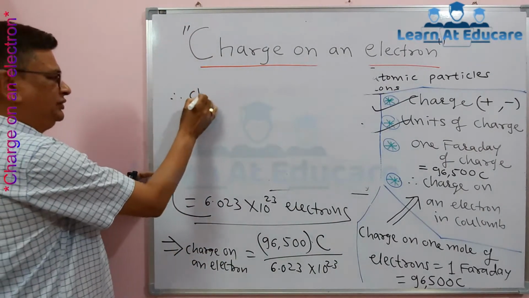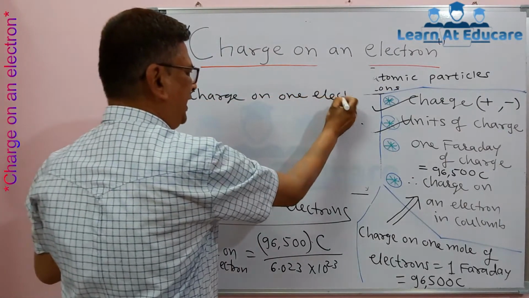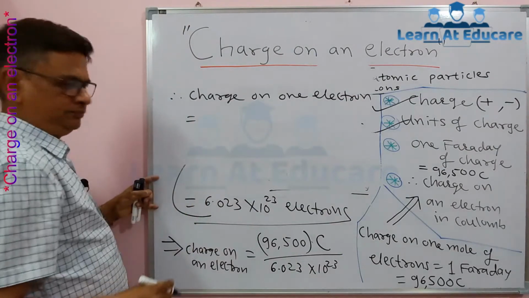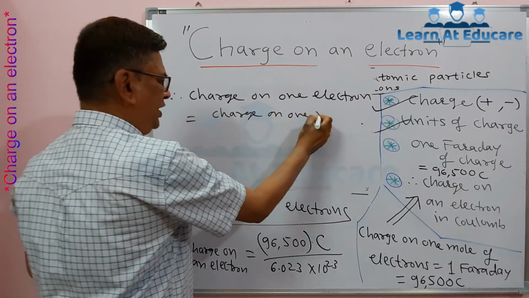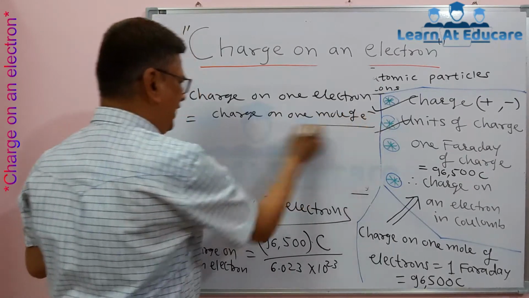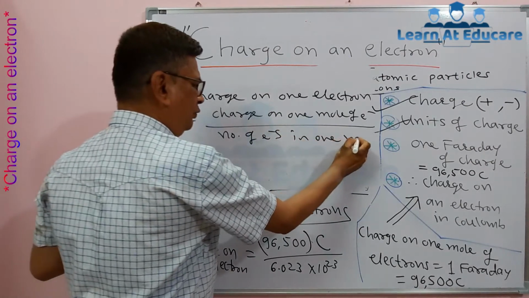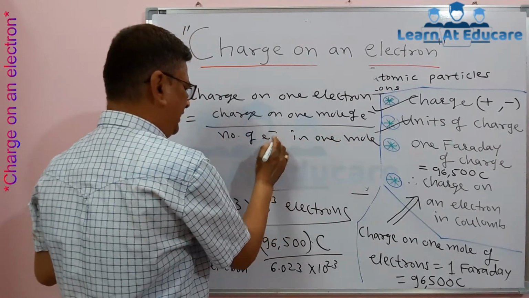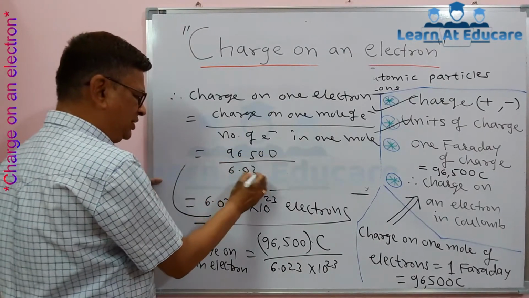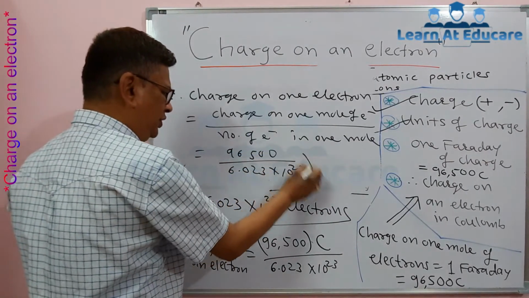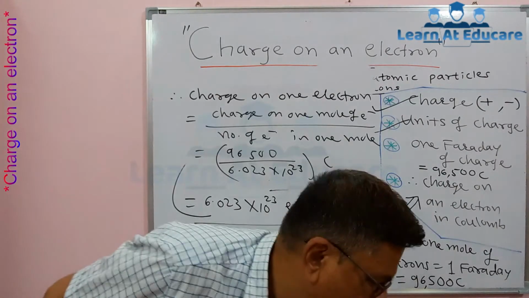I repeat here, therefore charge on 1 electron equals the total charge on 1 mole of electrons divided by the number of electrons in 1 mole, and that is equal to 96,500 divided by 6.023 into 10 raised to 23, that ratio in Coulomb.